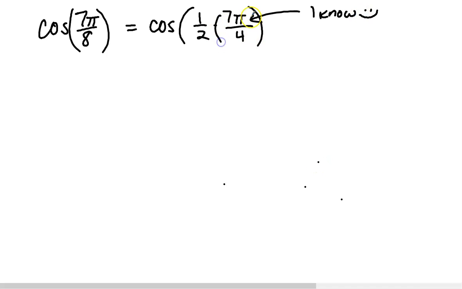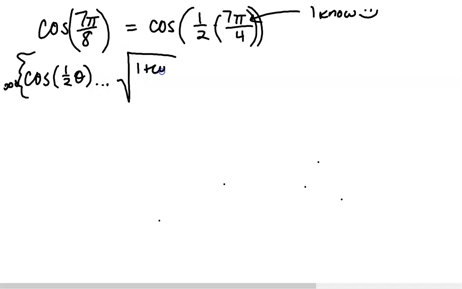So I can do this as a half theta. While you're still learning, it probably wouldn't hurt to just tell yourself, okay, what is my formula for the half angle? And you would go, okay, well, my formula is square root of 1 plus cos of theta over 2, and then I have to decide the plus or minus part.